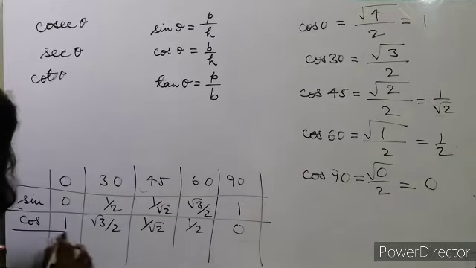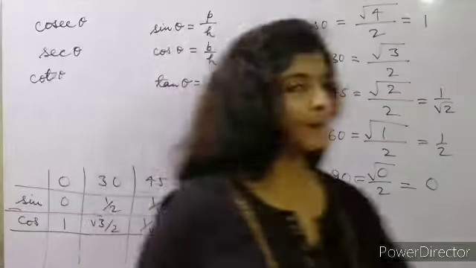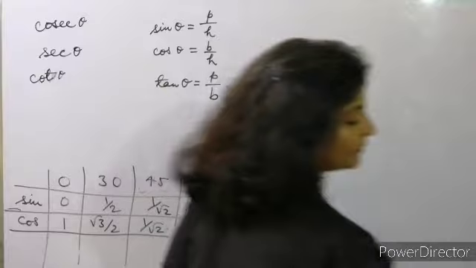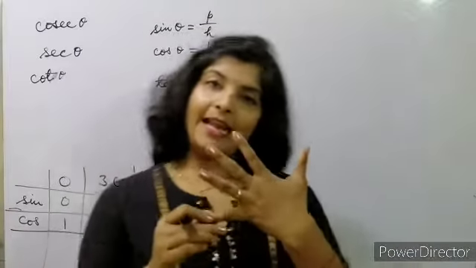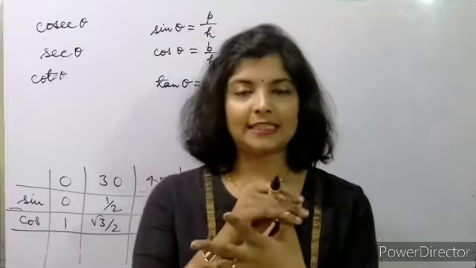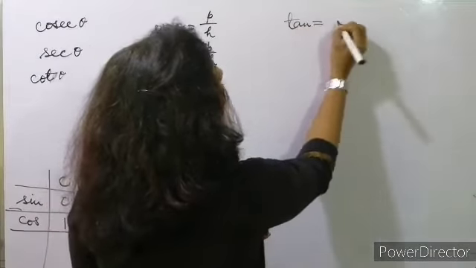Theek hai. Now we'll find out the value of tan. We'll see how to find out the value of tan. Again we'll apply the same trick. 0, 30, 45, 60, 90. And for tan, what will be the formula?